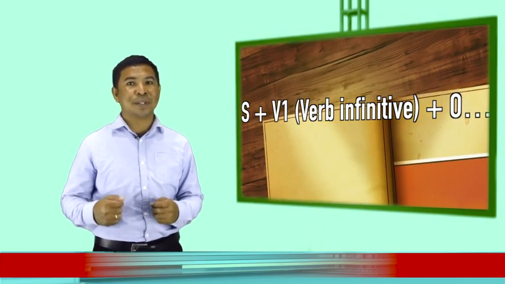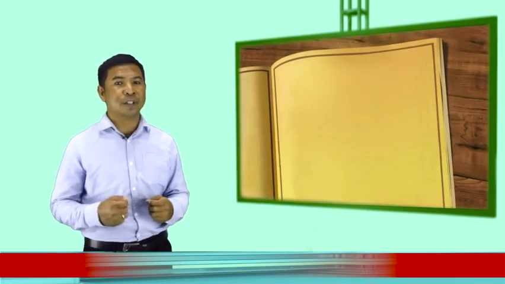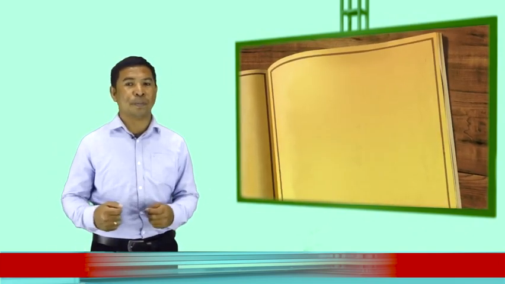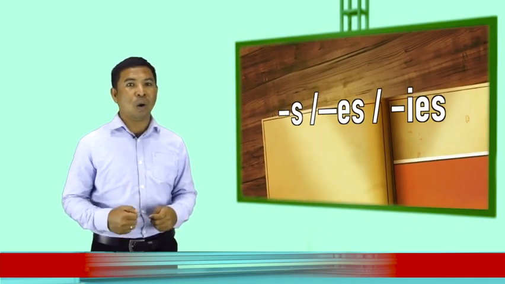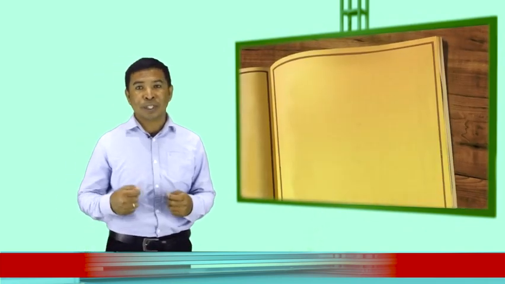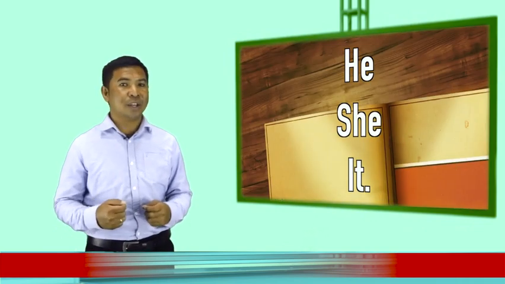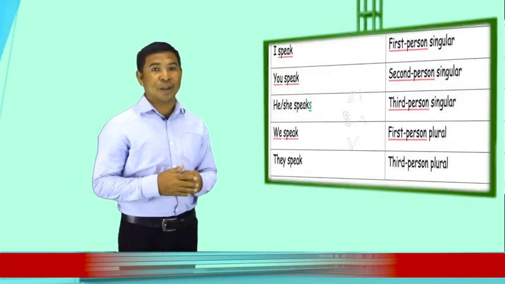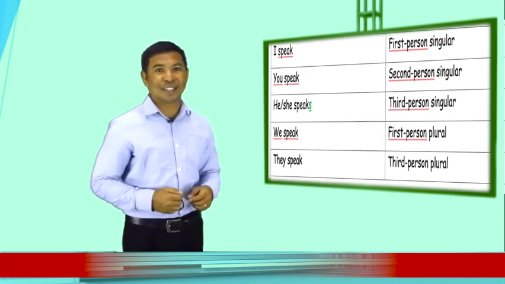But it also depends on the subject of the sentence, as the simple present tense is formed by using the root form, adding s, es, or ies to the end of the verb, in particular for the subjects he, she, or it. Please take a look at the following table.